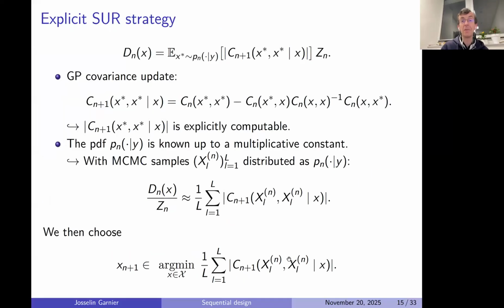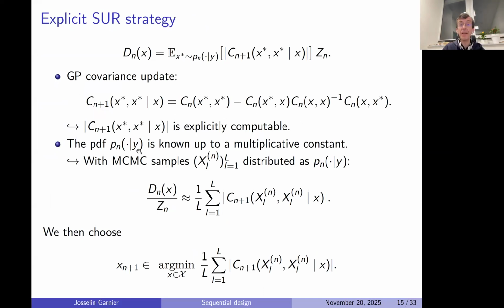So now you can really build the algorithm. This is the expression of D_n of x. Remember, the normalizing constant plays no role because we will only look for an argmin. The C_{n+1} has a very simple update formula. This is a classical update formula for the posterior covariance of Gaussian processes. So it's very easy to compute.